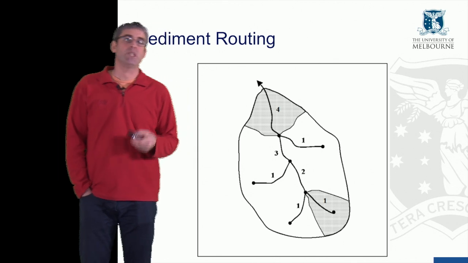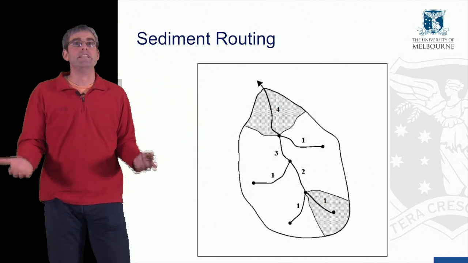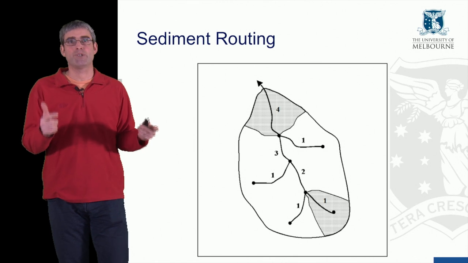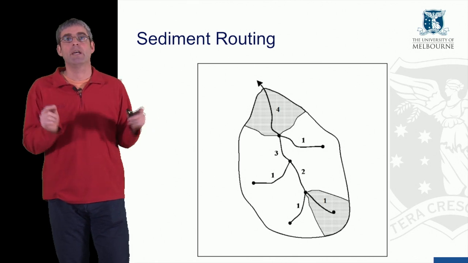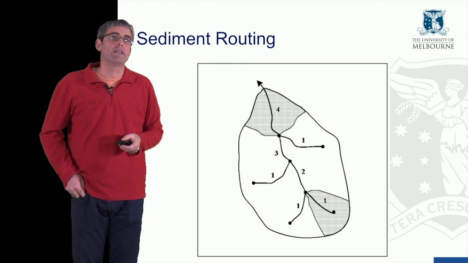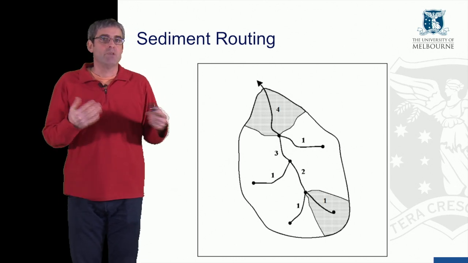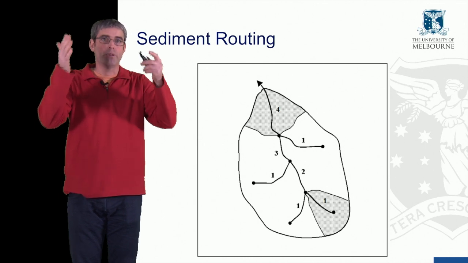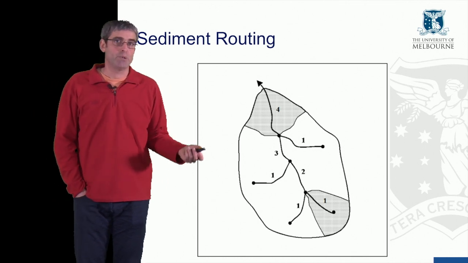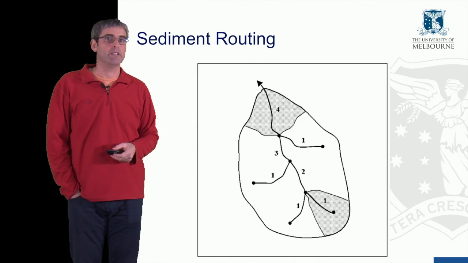And it works out what the sediment is supplied from those hill slopes or sub-catchments into the river network, which is represented as a node link network. And then it routes that sediment on downstream mathematically to the river basin outlet and either erodes or deposits sediment along the river network, depending on what the transport capacity is and the supply of sediment is to that particular link in the network.